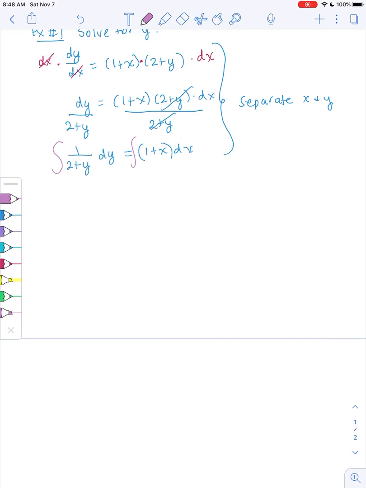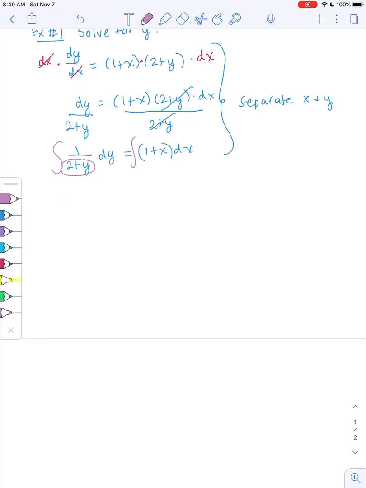So integrate both sides. With the 1 over 2 plus y, so long as the bottom is linear, we can reverse our u substitution. Either apply u substitution, let u equal 2 plus y because its derivative is just a constant, and it might be easier for us to see it that way as the integral of 1 over u.